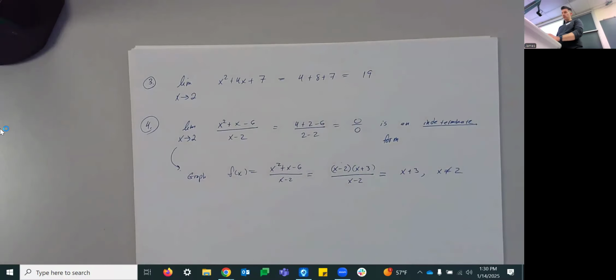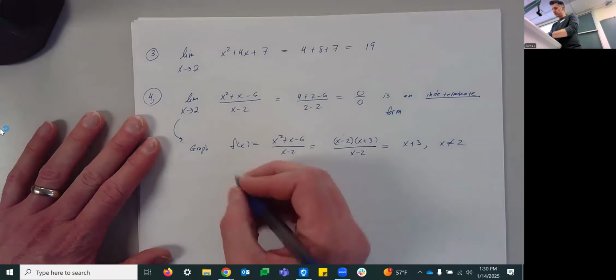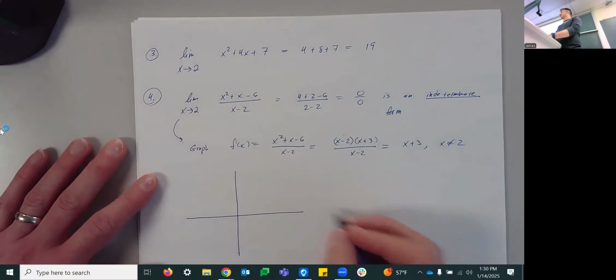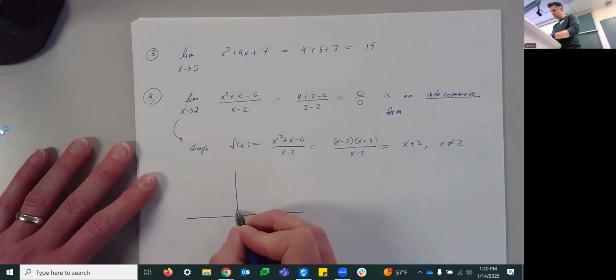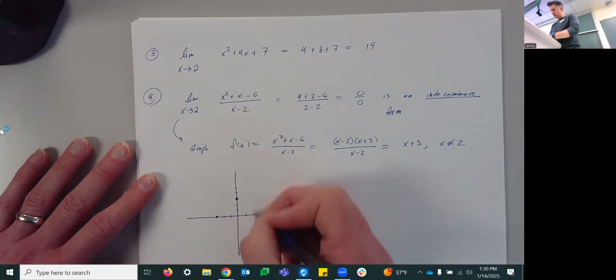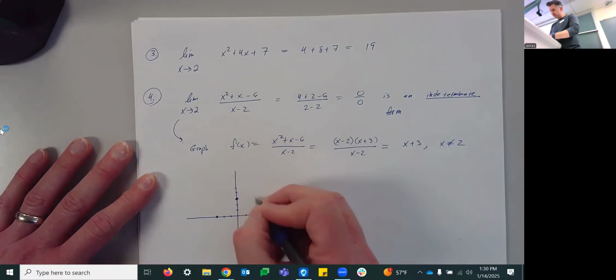So graphically, here's what this looks like. It looks like the line y equals x plus 3, which has a y-intercept of 3 and x-intercept of -3. But at 2, it's completely undefined.